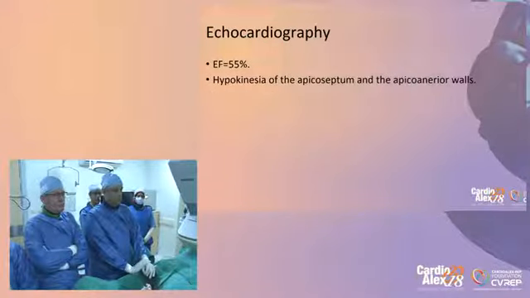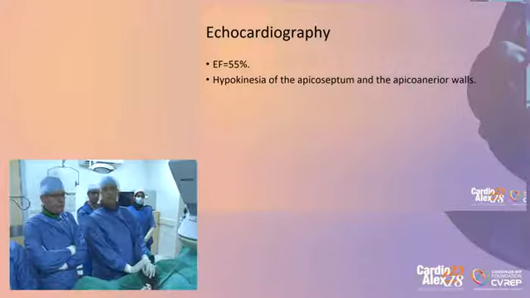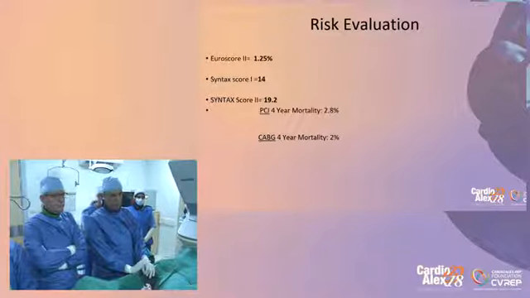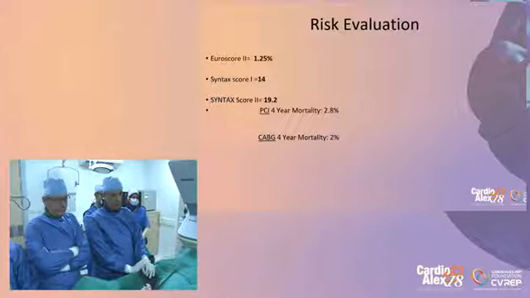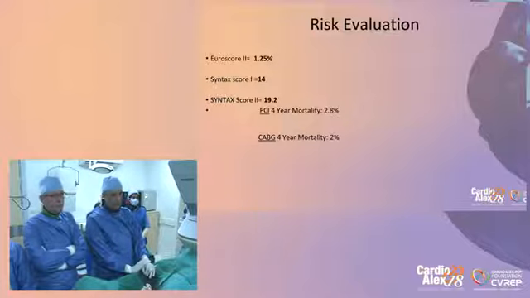The echocardiography showed preserved LV systolic function with hypokinesis of the apical septum and the apical anterior wall. For risk evaluation, the patient's EuroSCORE was 1.25%. His SYNTAX score was 2. His 4-year mortality for PCI was 2.8, and for CABG was 2.